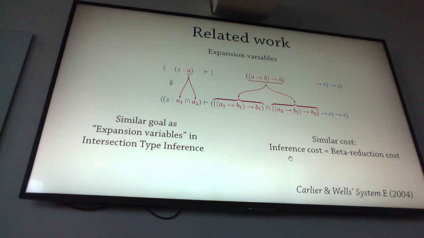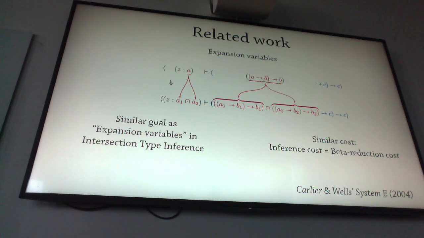literature on intersection type inference, and there's this idea called an expansion variable, and it's basically a placeholder to be able to make your type larger. Remember that our goal was to create a large intersection type for this function. You can imagine that there's a placeholder that lets you slot in more and more types.